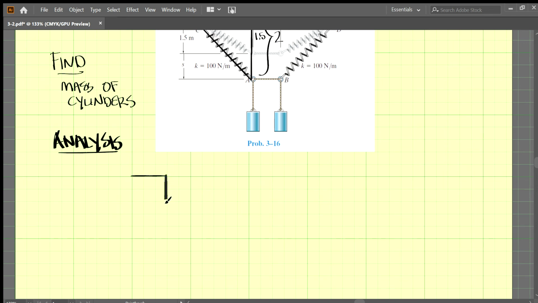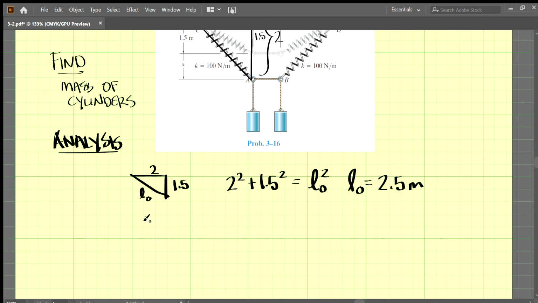In our original triangle, we have this equal to 1.5 and this equal to 2, and the hypotenuse here is the original length of the spring. By the Pythagorean theorem, 2 squared plus 1.5 squared is equal to the original length of the spring squared. So our original length comes out to be 2.5 meters.